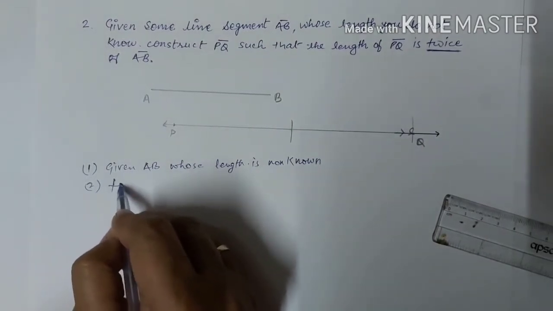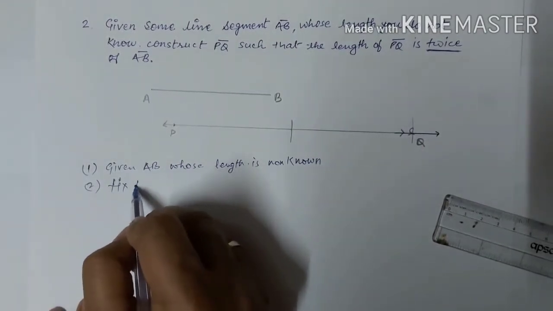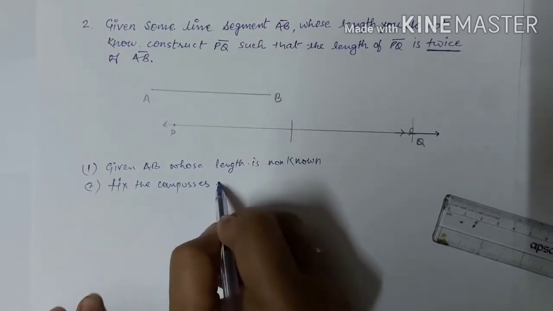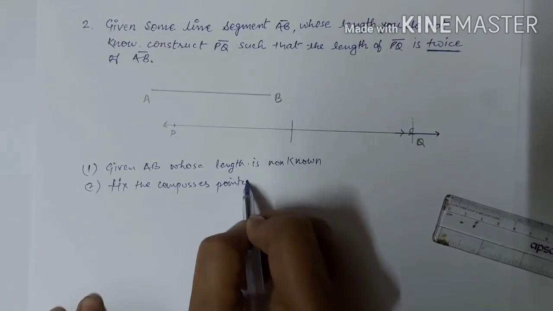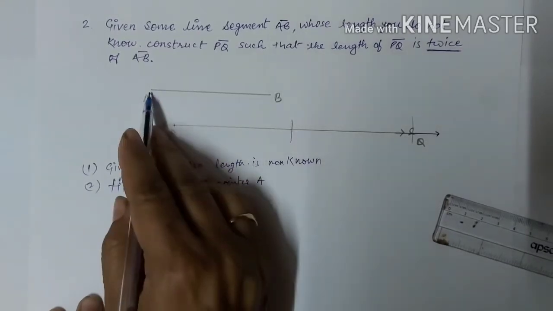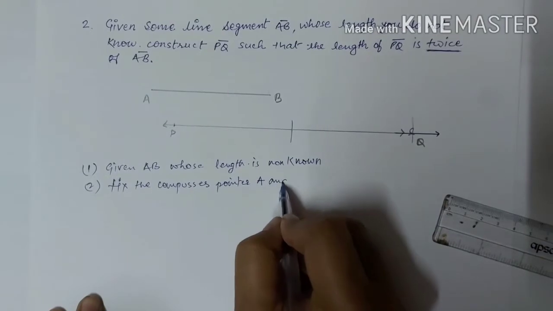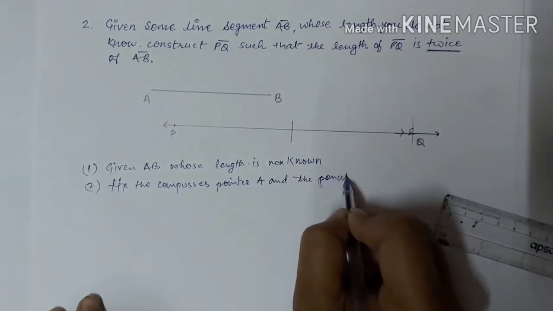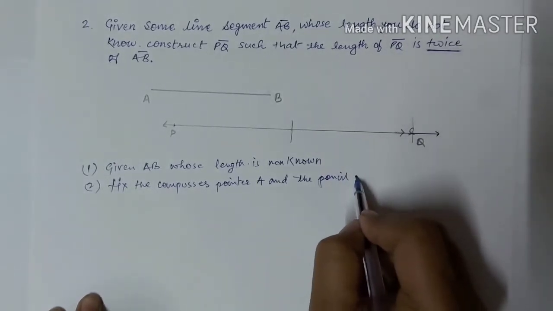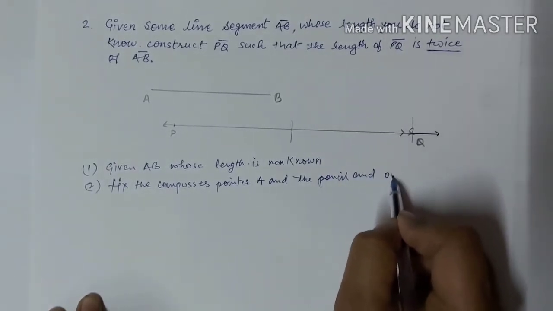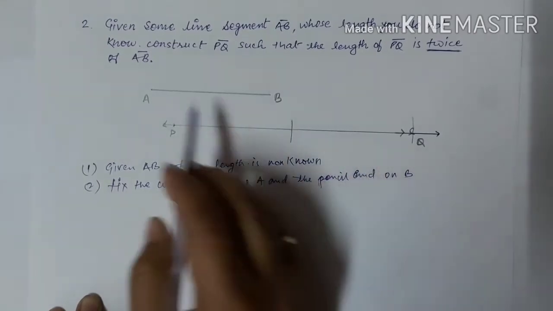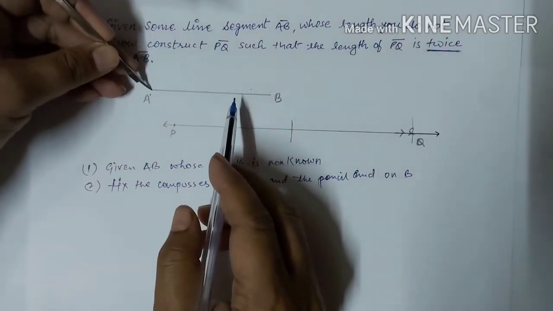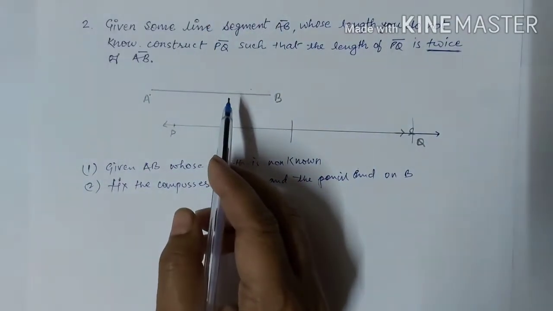Second, fix the compass pointer at point A and the pencil on B. Here in the first step we show that the pointer is on A and the pencil is on B.